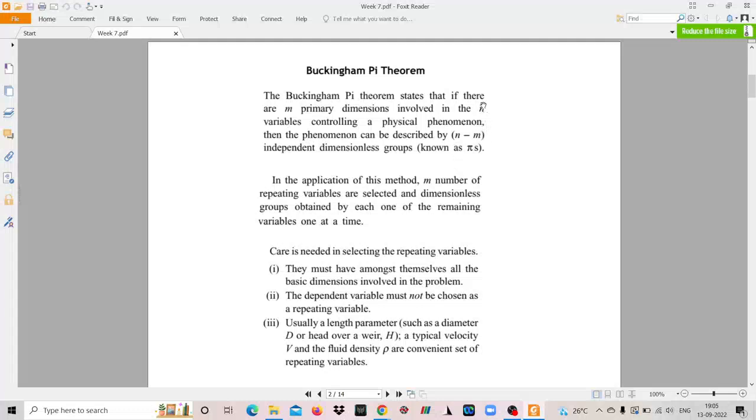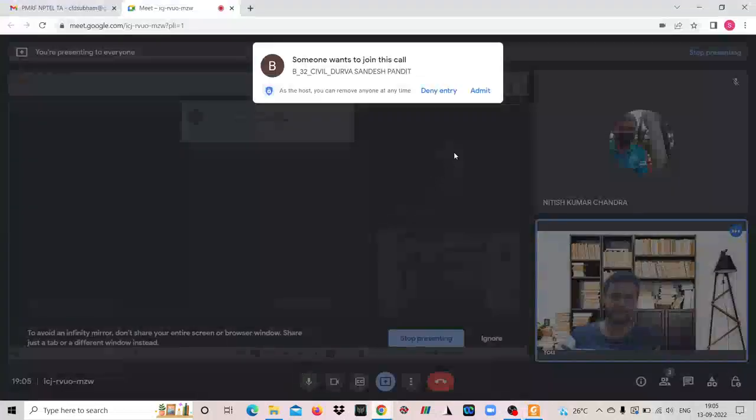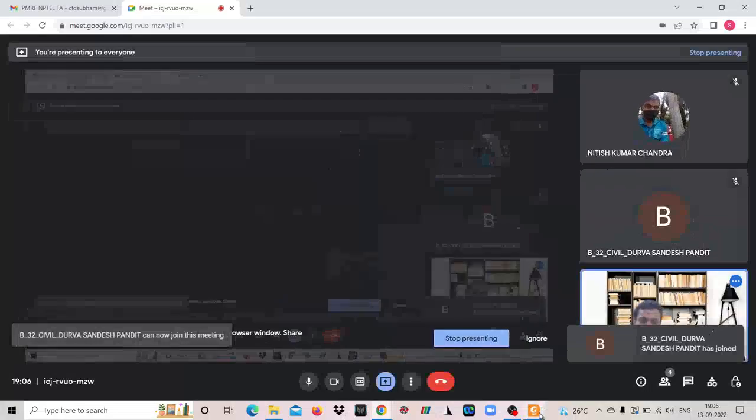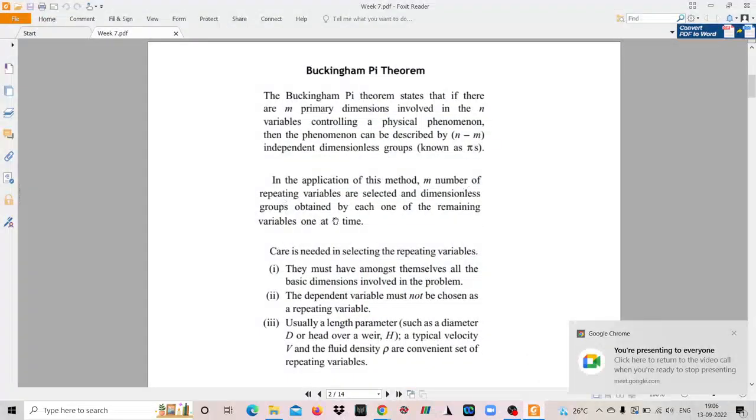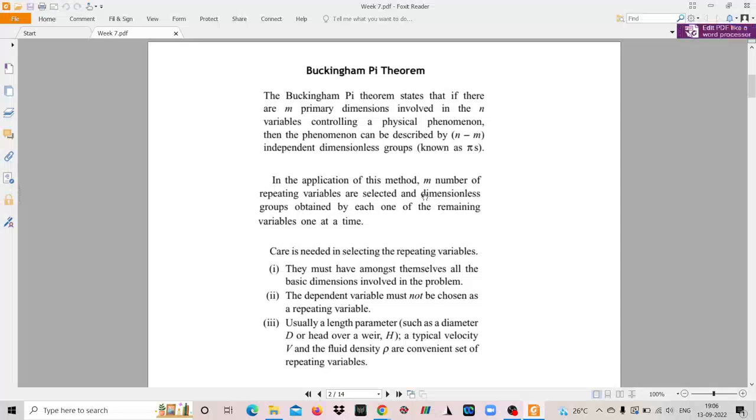So, if suppose there are 10 variables and m is 3, it can be described by 7 dimensionless groups, which are known as pi terms. Secondly, in the application part, you need to select m number of repeating variables, and the remaining variables are used for formulating the dimensionless groups.